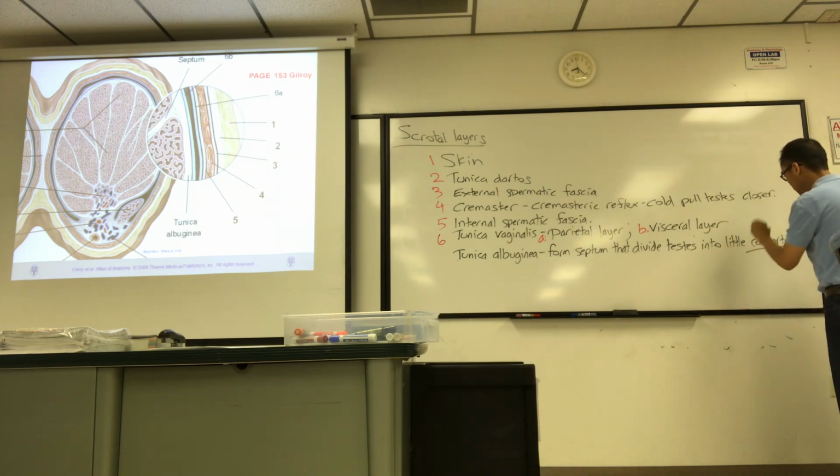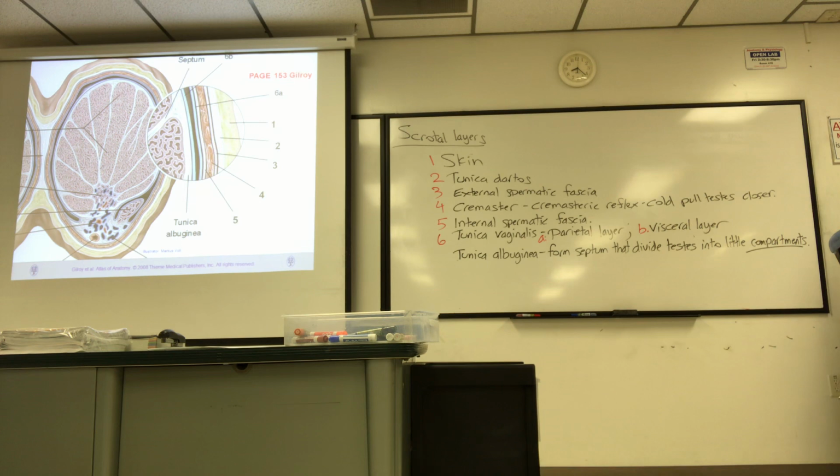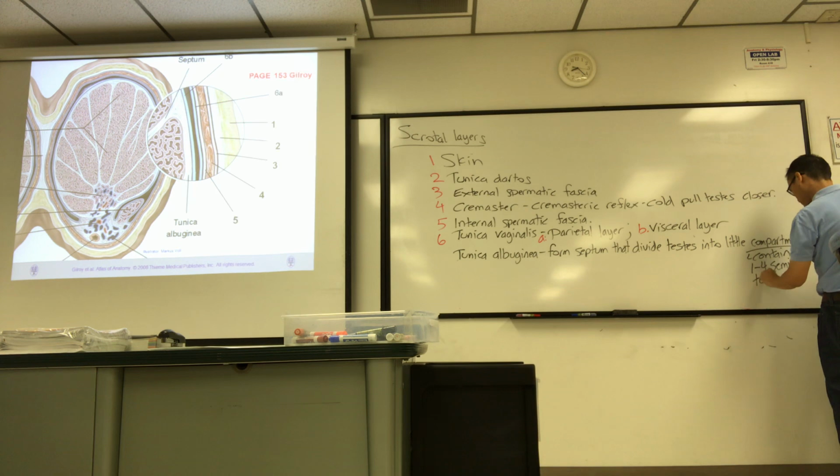Those little compartments contain the seminiferous tubules. Those are the structures that make the sperm. It's something like 1 to 4 seminiferous tubules, might be a few in there.